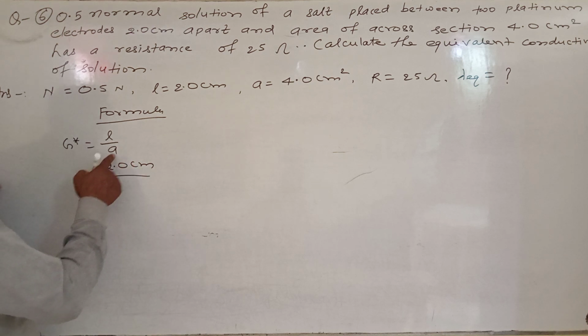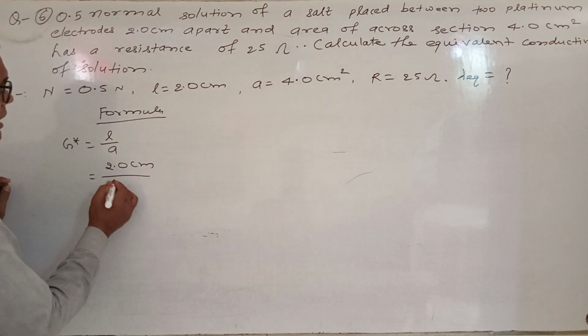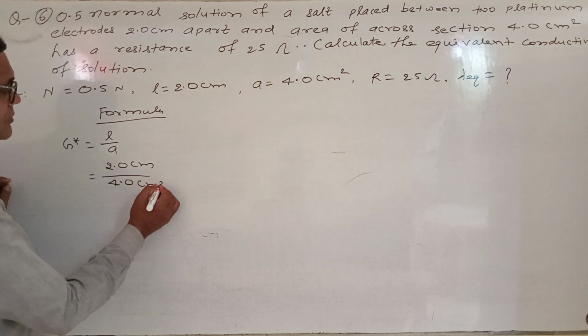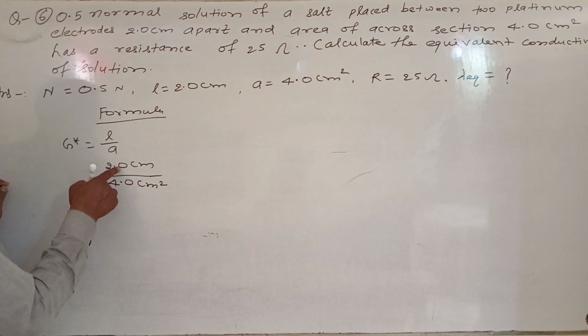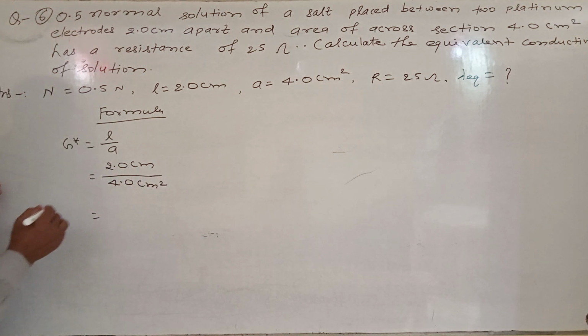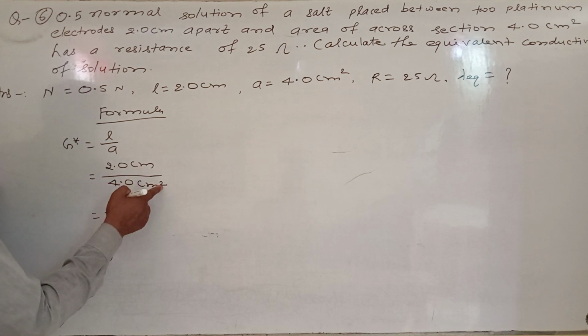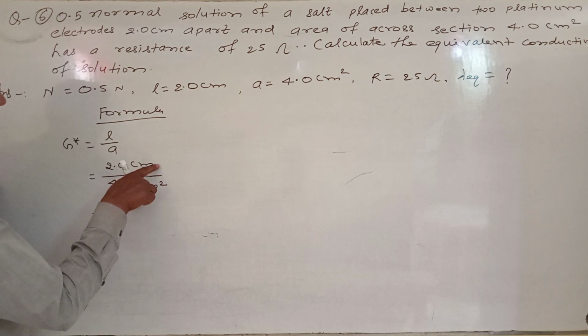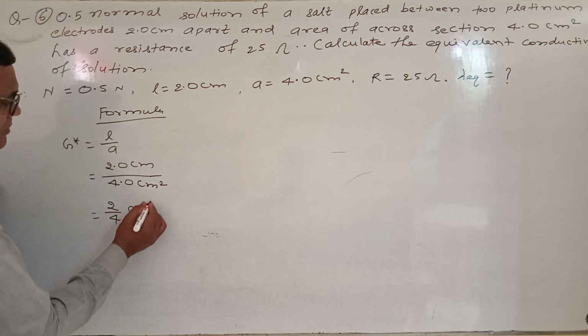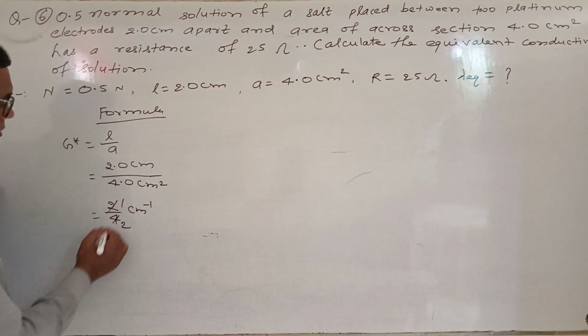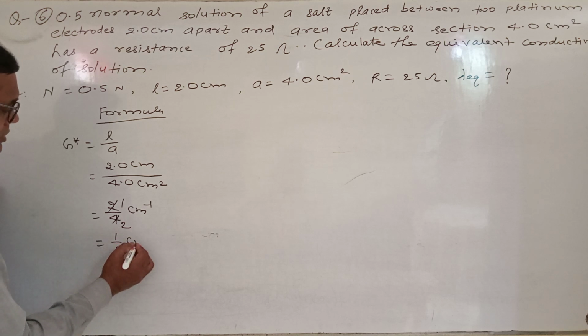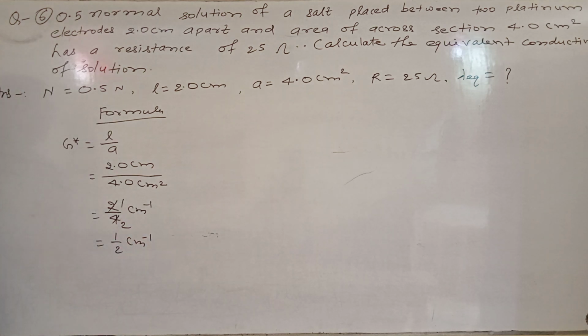The value of A is equal to 4.0 cm square. We write 2/4, cm cut out, cm rest goes upper and converted into cm inverse, it is 1/2 cm inverse.